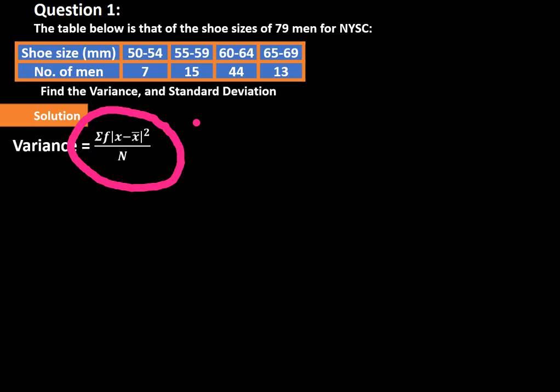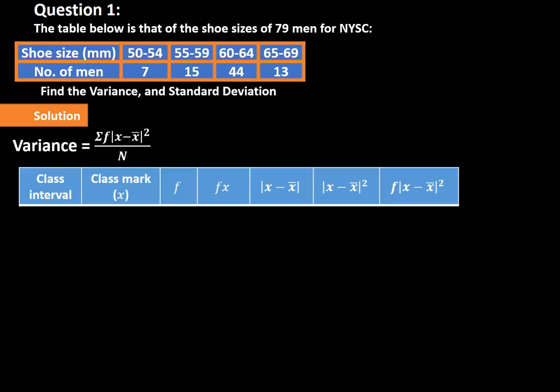So the table goes thus. If you're working on variance and standard deviation, the first column you're going to work with is your class interval.